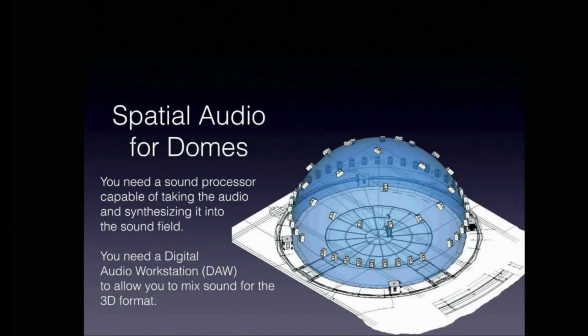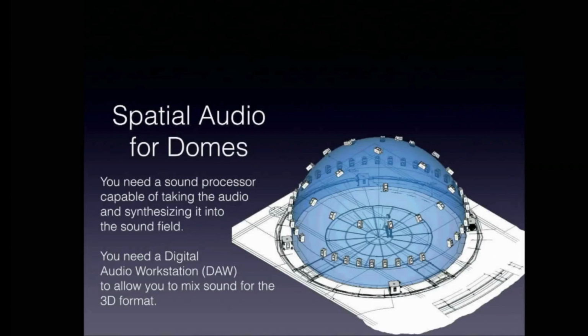You can try different things out. There's a lot of processing power in digital audio workstations, which also allow you to do all sorts of special effects on the sound. But for doing spatial sound, you need a digital audio workstation that actually allows you to mix sound in a 3D format.